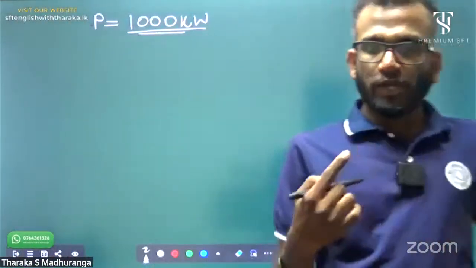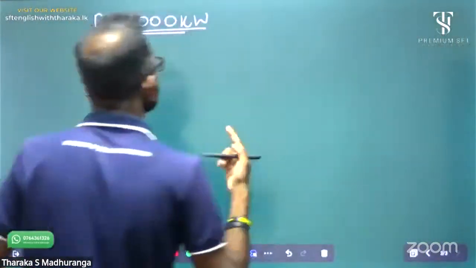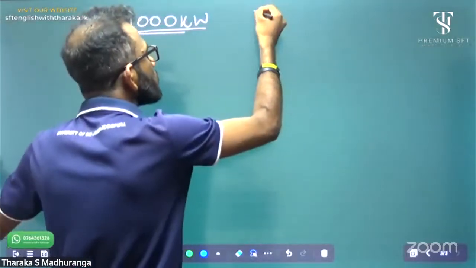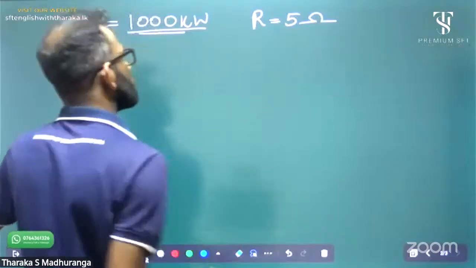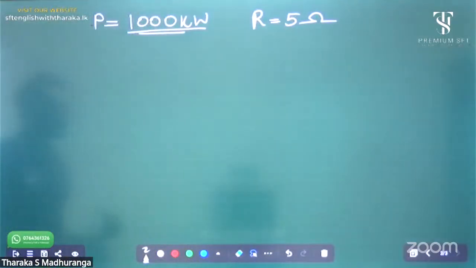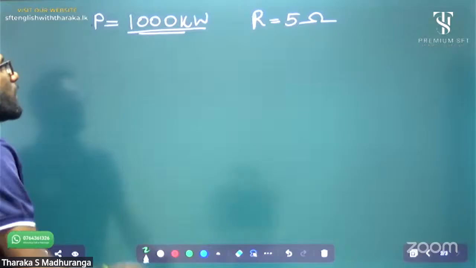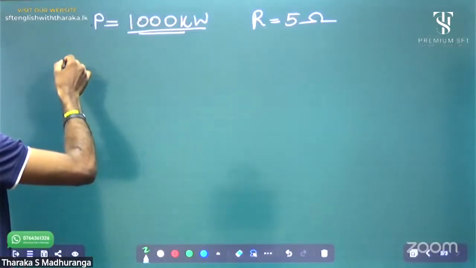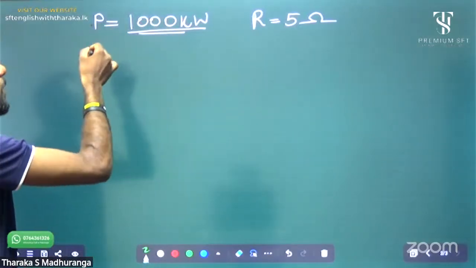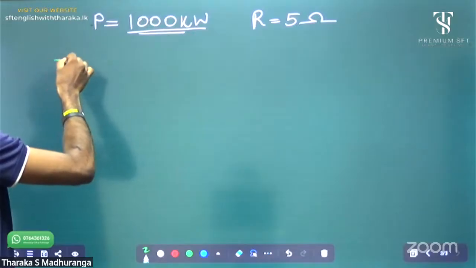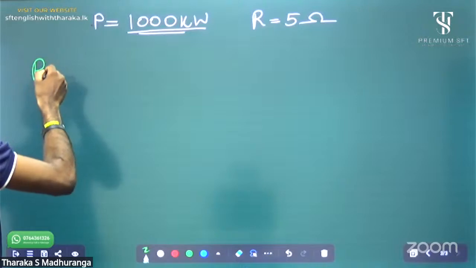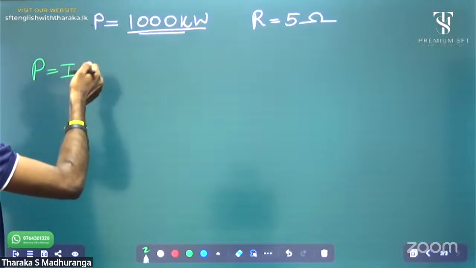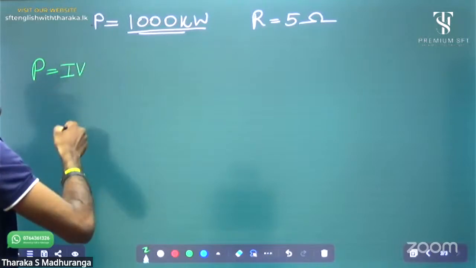Now we are going to transfer this power by conductors with resistance 5 ohms. Okay, now we can calculate I, the current flowing through this path. P equals VI.